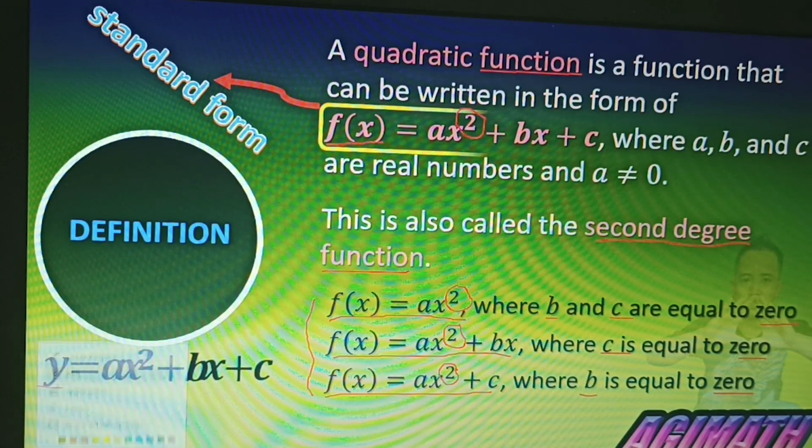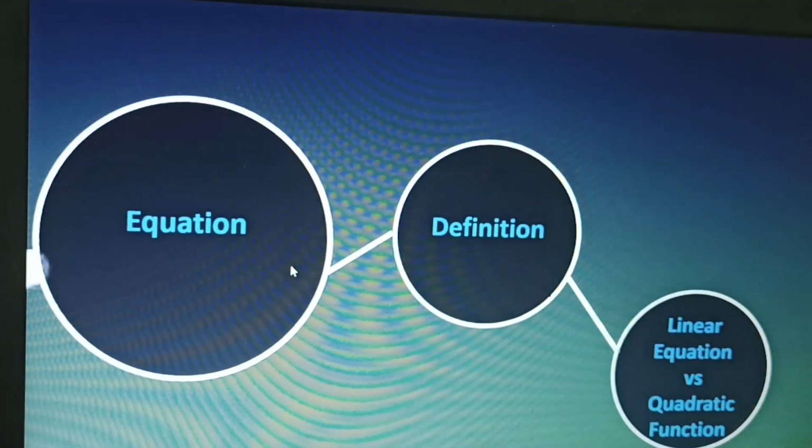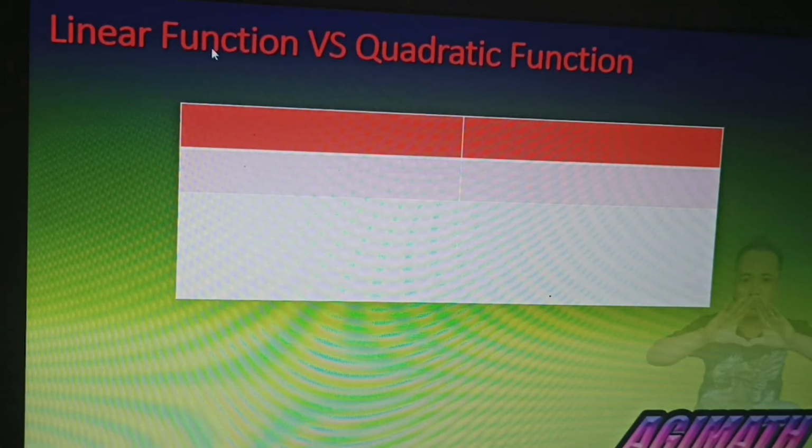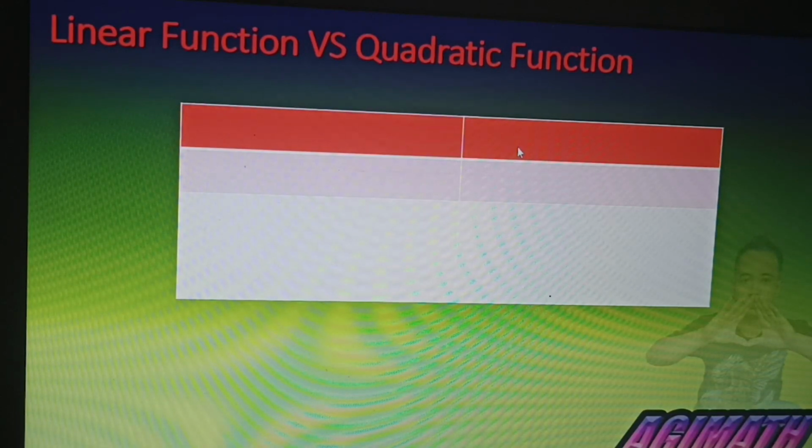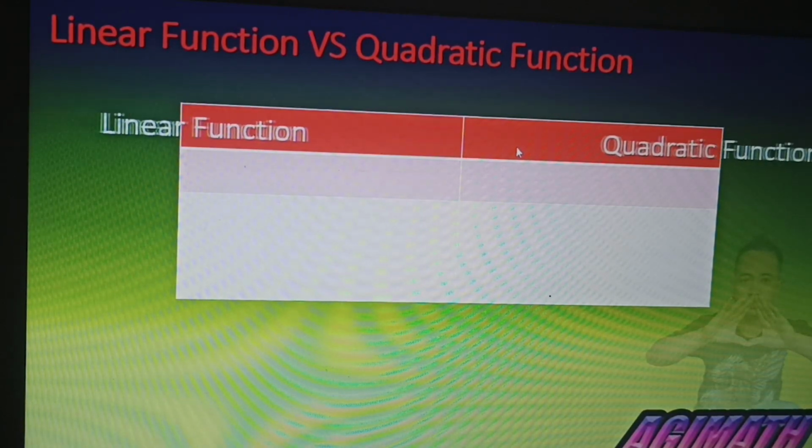Okay, let us proceed. Since we are done with the definition of a quadratic function, let us now compare linear function versus quadratic function. For you to clearly see the difference, I prepared a table.